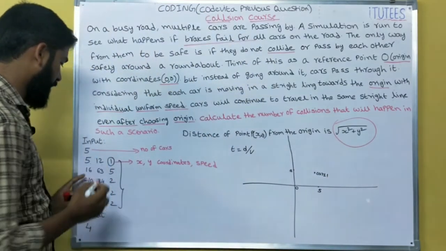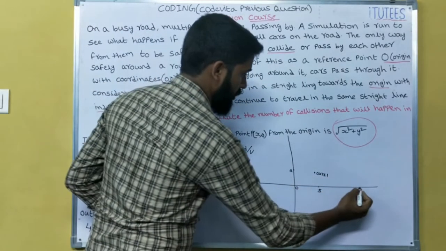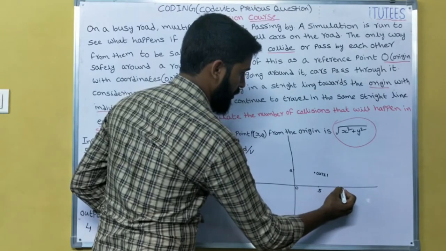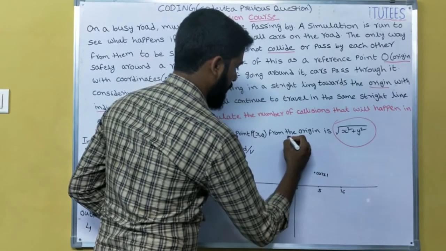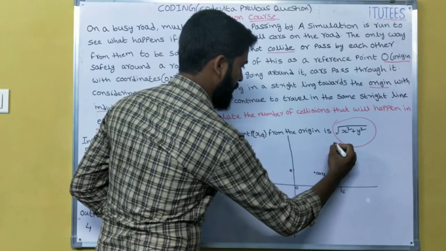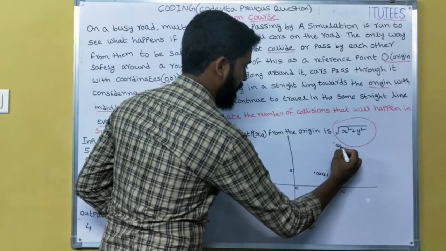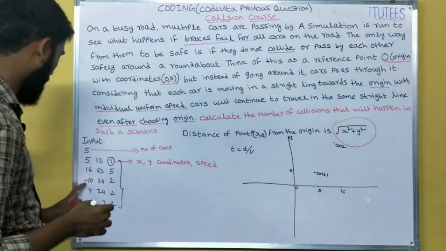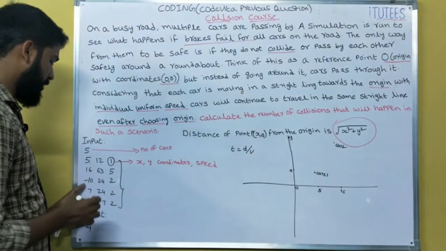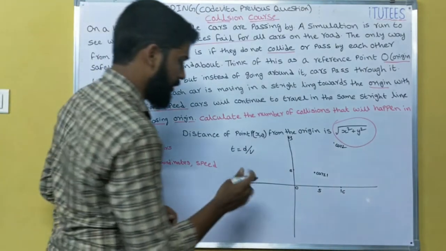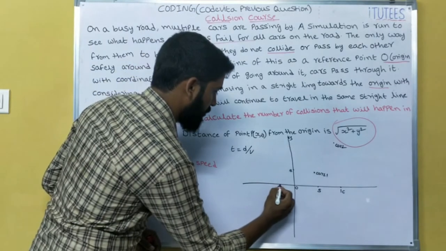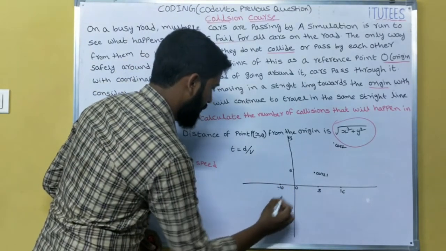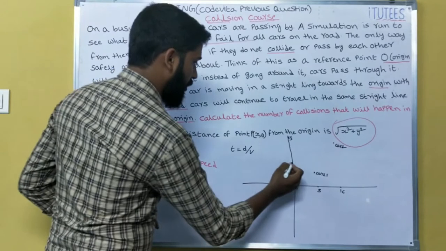Next, 16, 63. Let us assume this is the 16, and this is the 63. So this is car 2. Then minus 10, 24. Minus 10 means let us assume here there is minus 10, and 24 we assume here.